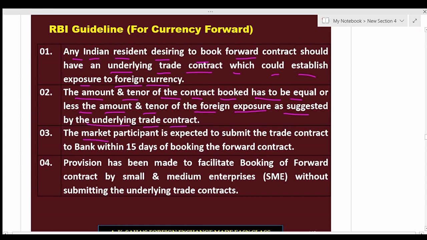The market participant is expected to submit the trade contract to the bank within 15 days of booking of the forward contract. Provision has been made to facilitate booking of forward contracts by small and medium enterprises (SME) without submitting the underlying trade contracts.